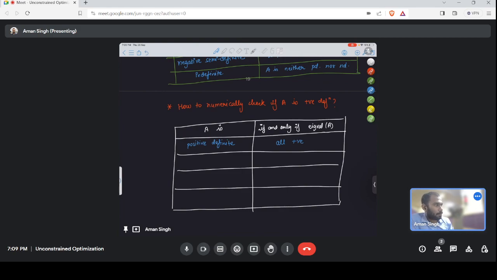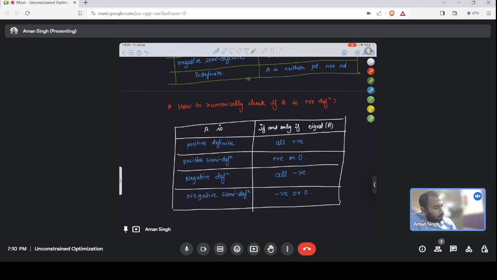It's positive semi-definite if eigenvalues are either positive or 0. It's negative definite if all eigenvalues are negative, and it's negative semi-definite if they are negative or zeros.